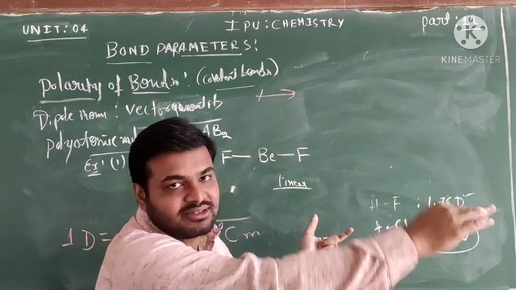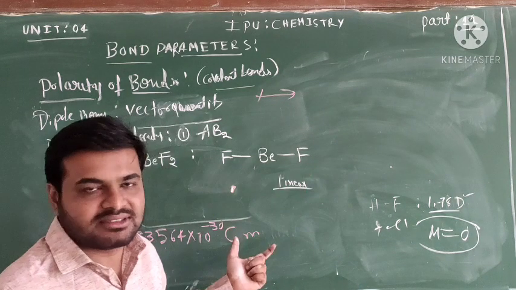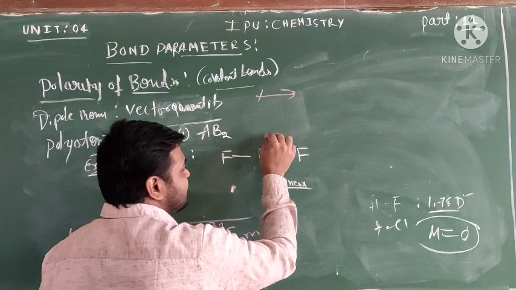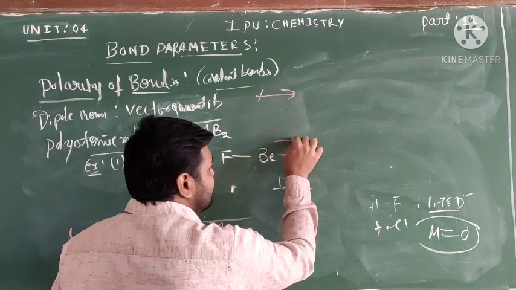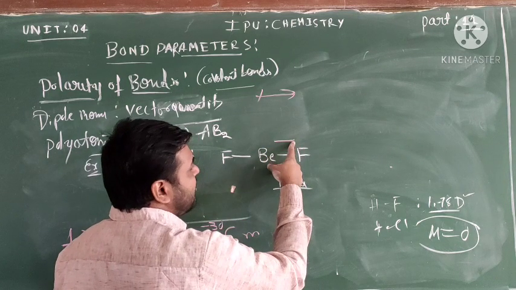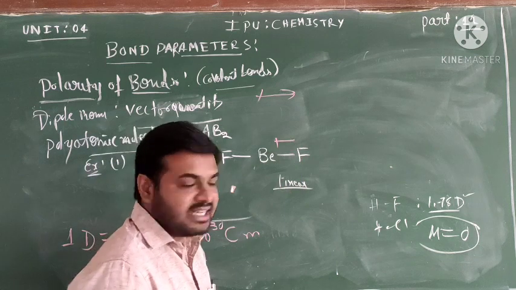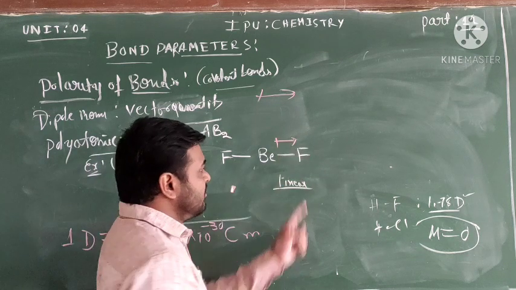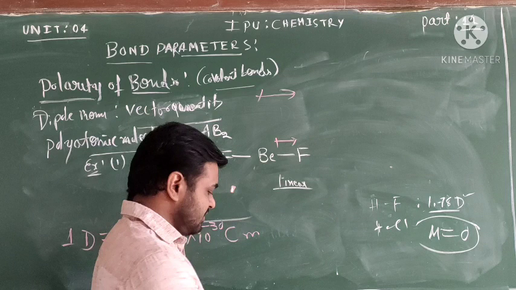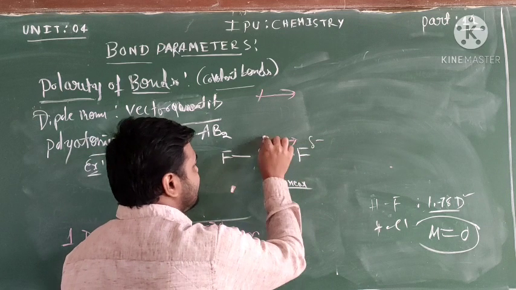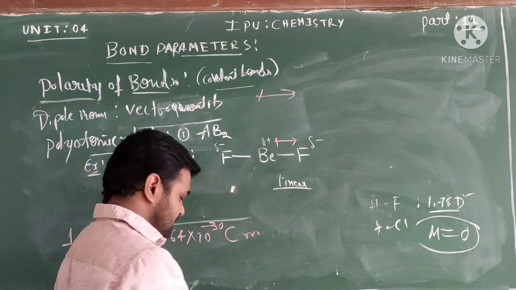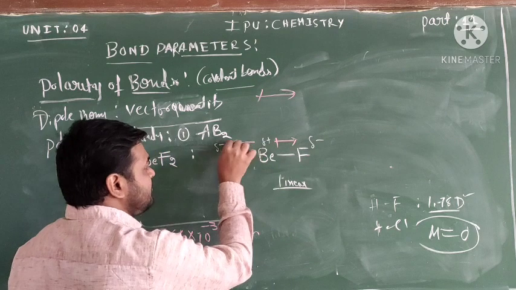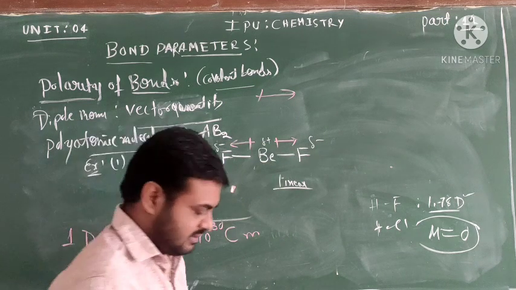Fluorine has more electronegativity, beryllium has less. So in this symbol, the arrow mark with a crossed head points to the more electronegative atom, which is negative, and this is positive. Here also it moves like this.